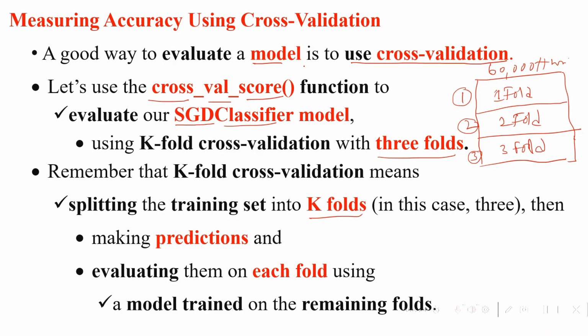For example, we use the first two folds for training and predict the values on the third fold. In the second combination, the first and third folds are used for training and we predict on the second fold. Then the second and third folds are used for training and we predict on the first fold. Like that we find out the performance on each and every fold. This process is called cross validation.